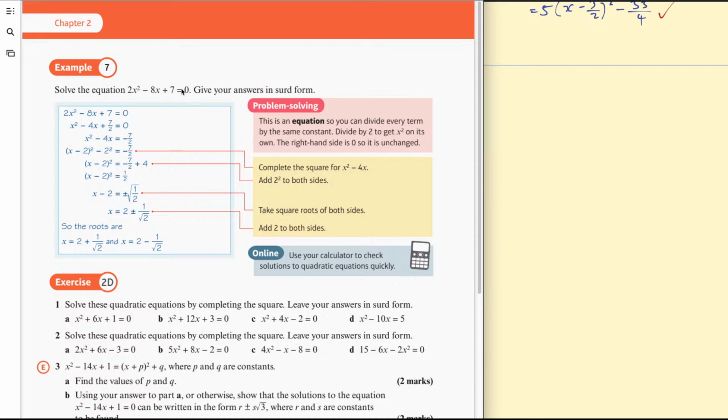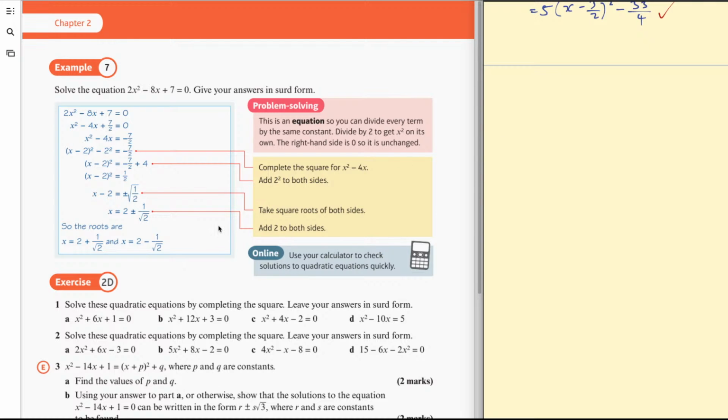And we can do this because it equals 0, so whatever we divide through effectively disappears. This is an equation, so you can divide every term by the same constant to get x squared on its own. The right hand side is 0, so it is unchanged, and so on.